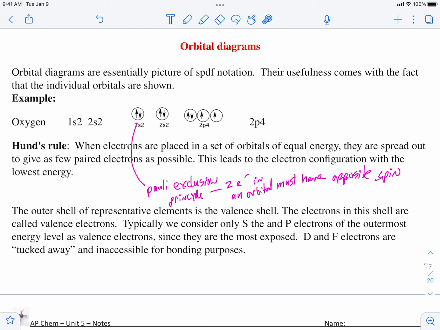So we are still progressing through fill order because we're basing this off of SPDF notation. 1s2, 2s2, 2p. And then when you get to an orbital like this, when you get to a sublevel like p, 3 circles, there's 4 electrons, so they are inserted as 1, 2, 3, and 4.